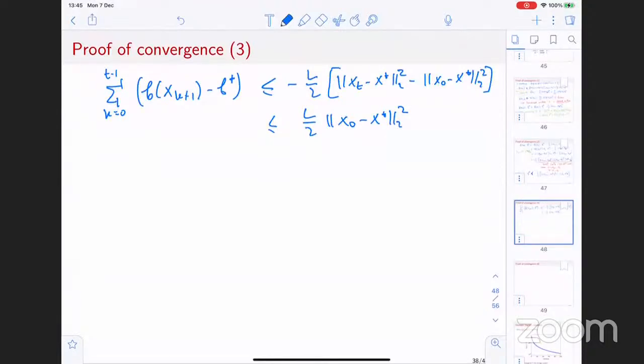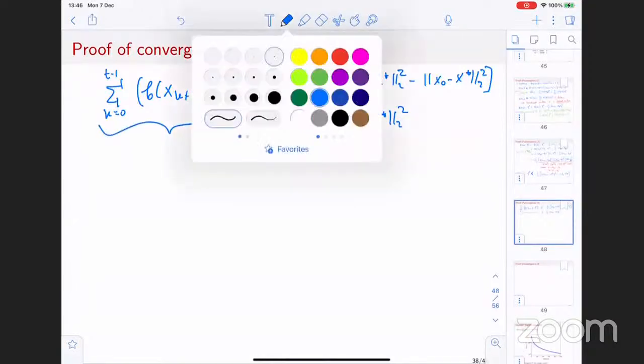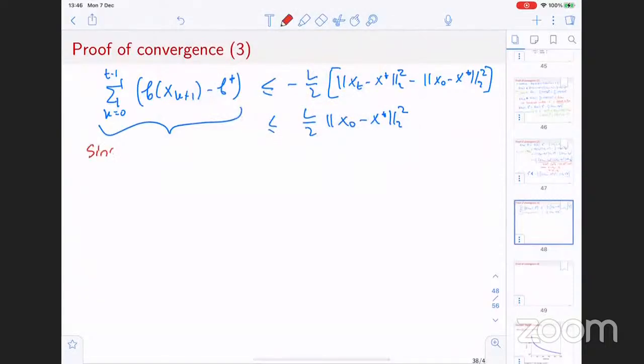Now I'm almost finished. We just have to realize that, since this gap, f of xk plus 1 minus f star, is actually decreasing, I can lower bound it.